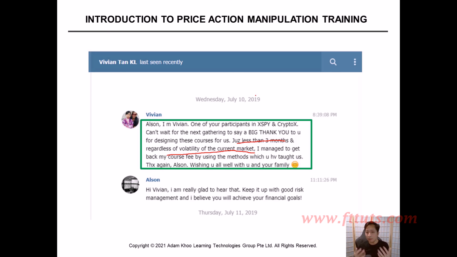And Vivian made a good amount of money doing all this. She joined me in April 2029, and in less than 3 months, in July, she had already made back the course fee. She has been following me closely throughout these few years, and I know that she actually makes a good income from trading itself as well.